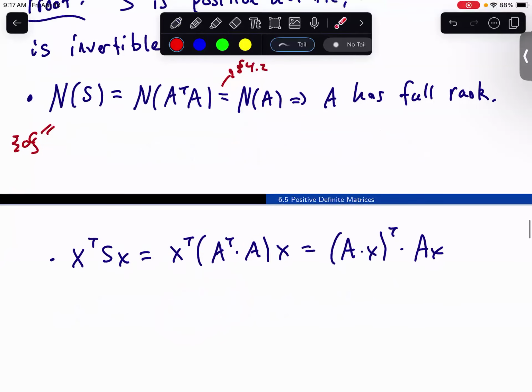A times X is a vector, and A times X is a vector, so this is really just the dot product of two vectors. So this is equal to the norm squared of AX. And because A has full rank, this quantity AX is going to be non-zero for any vector X that's not equal to 0. So we have that this is greater than 0.